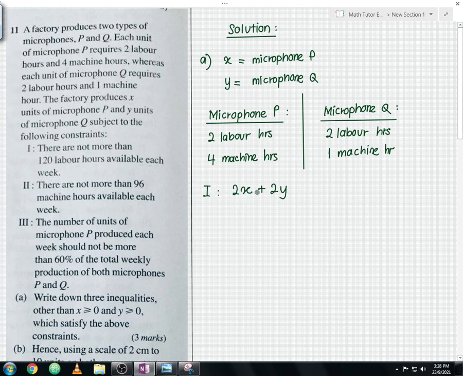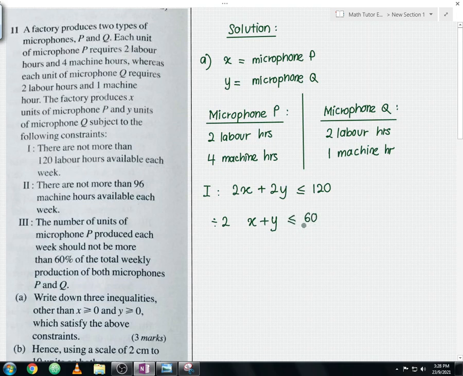So from here, 2x plus 2y should be less than or equal to 120. Then you divide the whole inequality by 2 to simplify the linear inequality. So you get x plus y less than or equal to 60.